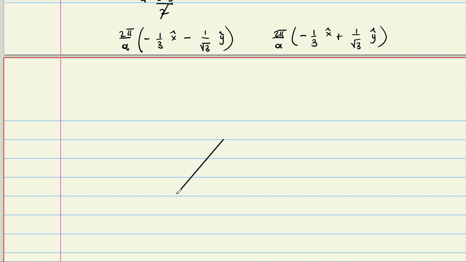This is minus 1 over 3 and minus 1 over root 3, and this one is the same thing, but the y component is flipped.